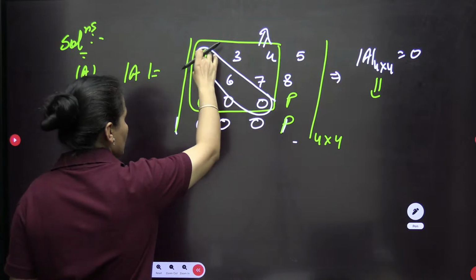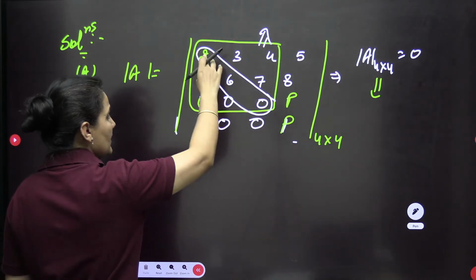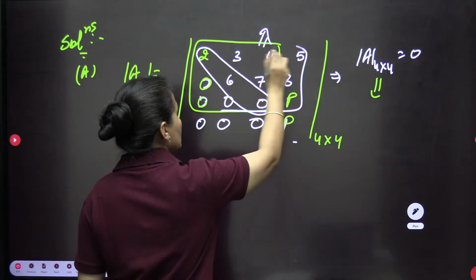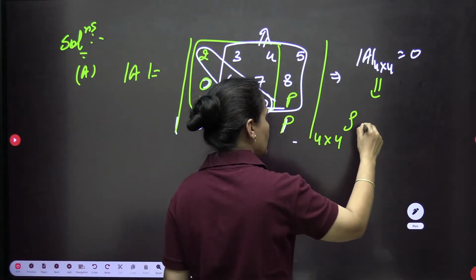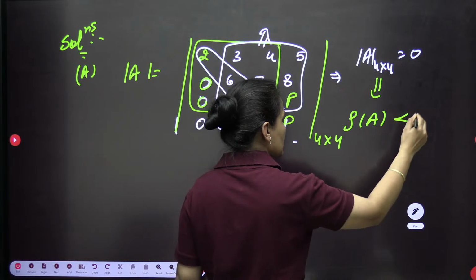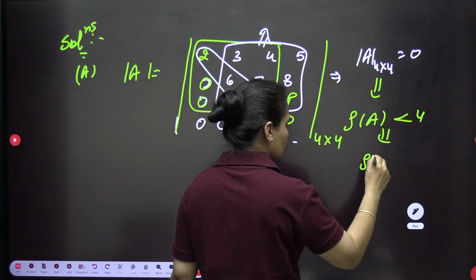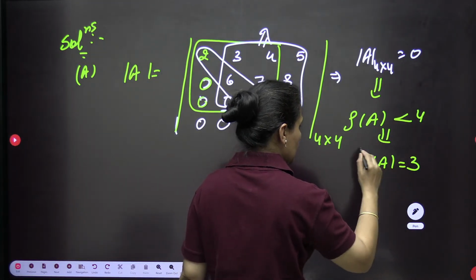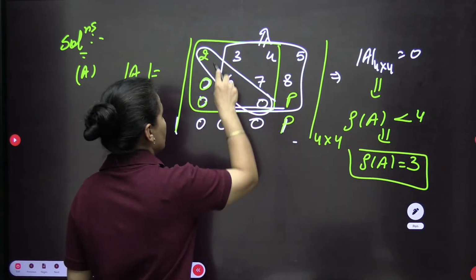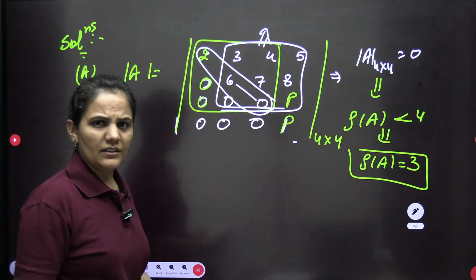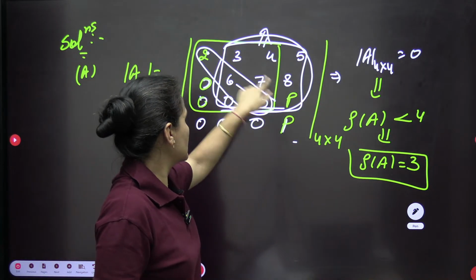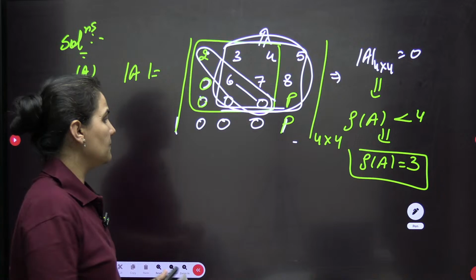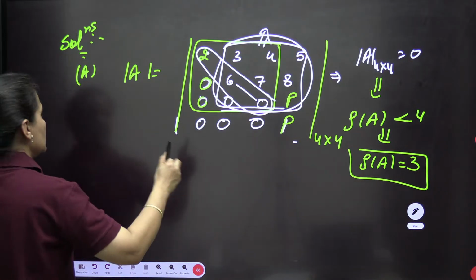When I check the very first minor, it gives determinant 0, but when I go for the second minor, you can see this determinant is not equal to 0. So directly you can write that the rank of matrix A is less than 4, or rather the rank of matrix A equals 3. Why? Because the first minor is 0, it becomes a triangular matrix, but this other one is not equal to 0. So rank of A equals 3, giving you a minimum of 3.